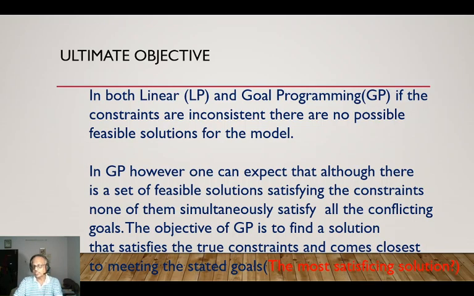So ultimate objectives, if you compare linear programming and goal programming: if the constraints are inconsistent, then there are no feasible solutions of the model in both LP as well as GP. In GP, however, you can expect that although there is a set of feasible solutions satisfying the constraints, none of them satisfy all the conflicting goals.